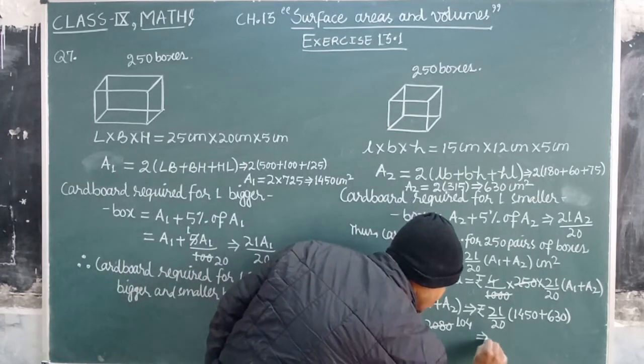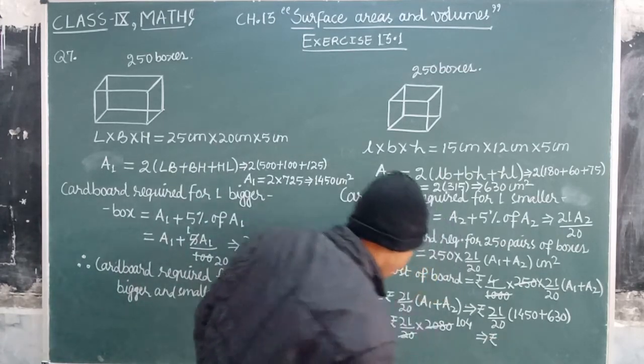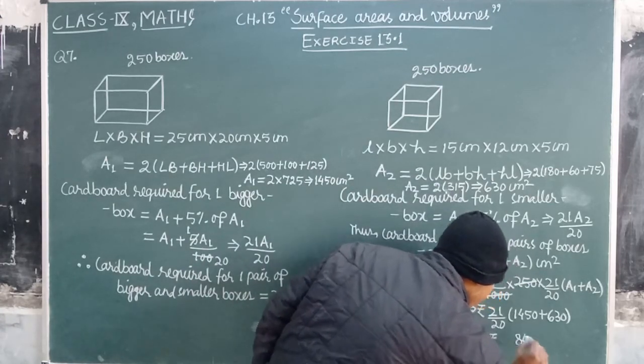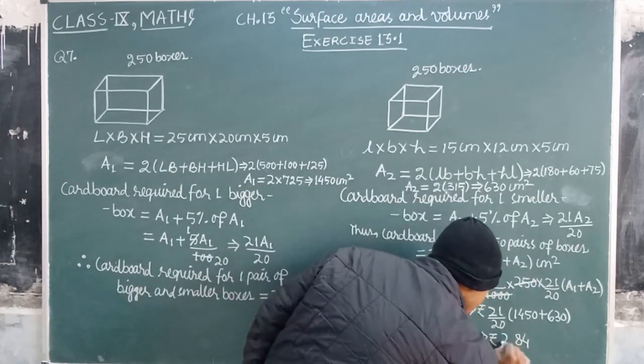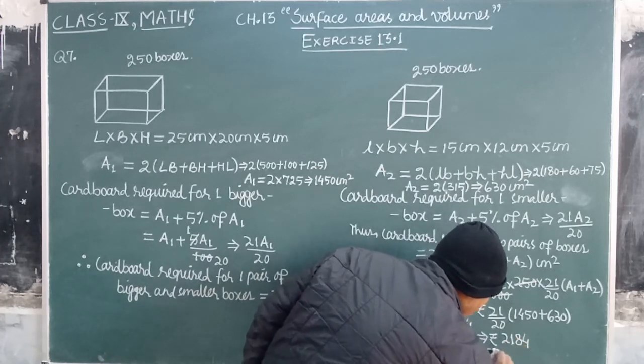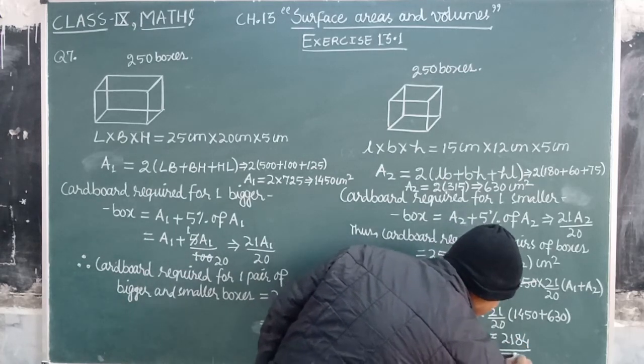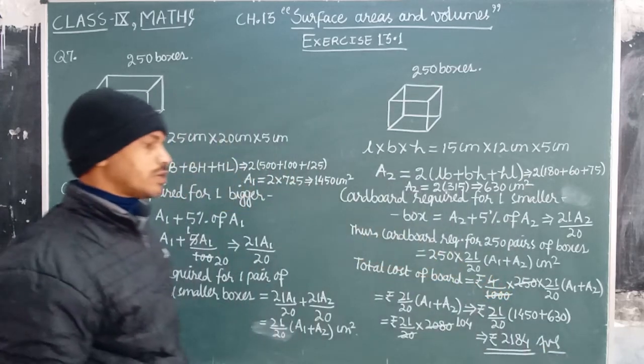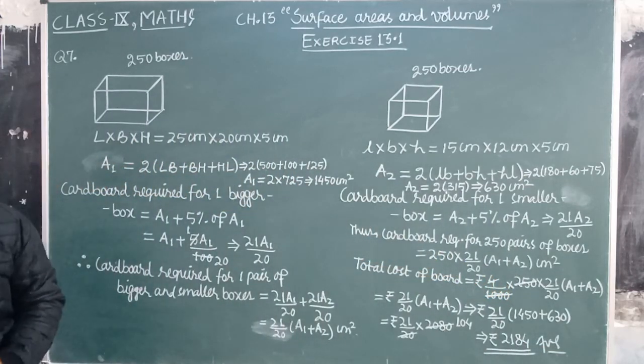So this amounts to rupees 21 fours are 84, 21 ones are 21. So the total cost of the cardboard used is rupees 2184. That's the required answer.